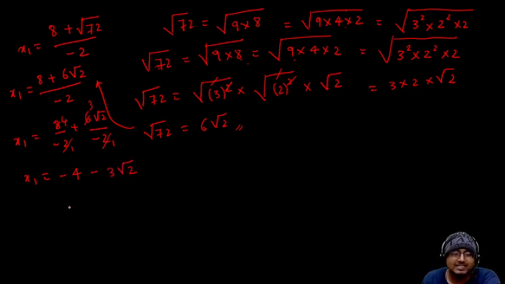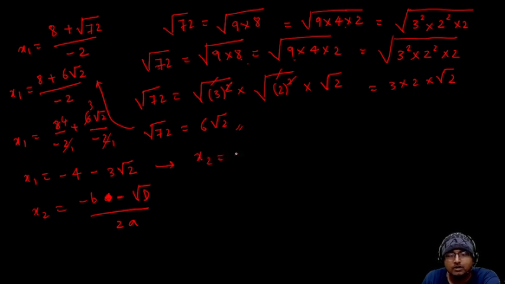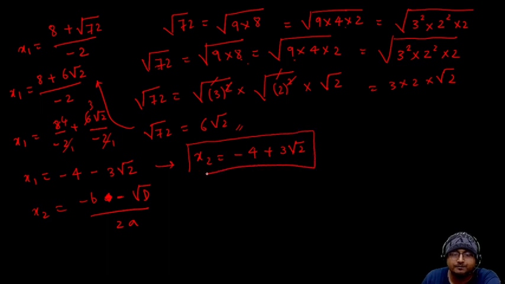Similarly, x2 will become what? x2 is minus b plus, we have taken plus, now we have to take minus under root d, by 2a. If you do the problem, x2 is equal to minus 4 plus 3 root 2, and x1 is equal to minus 4 minus 3 root 2.